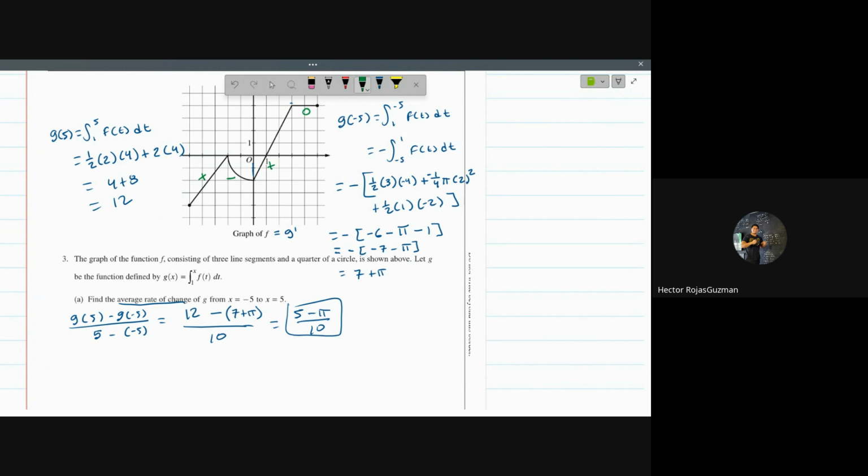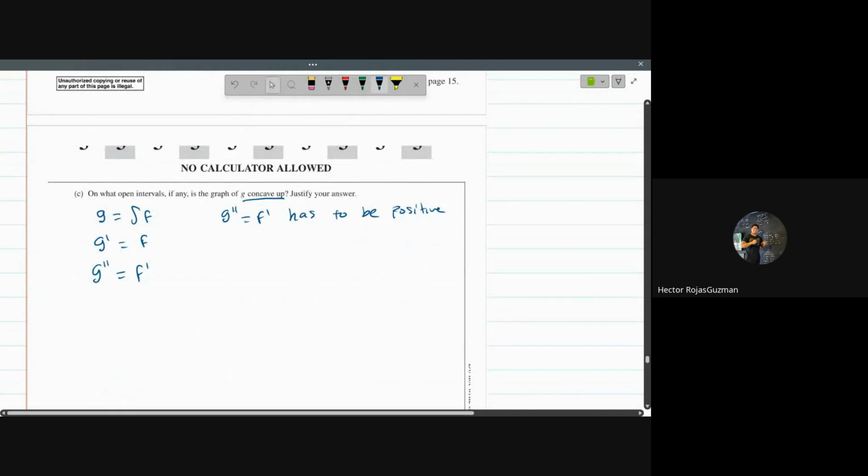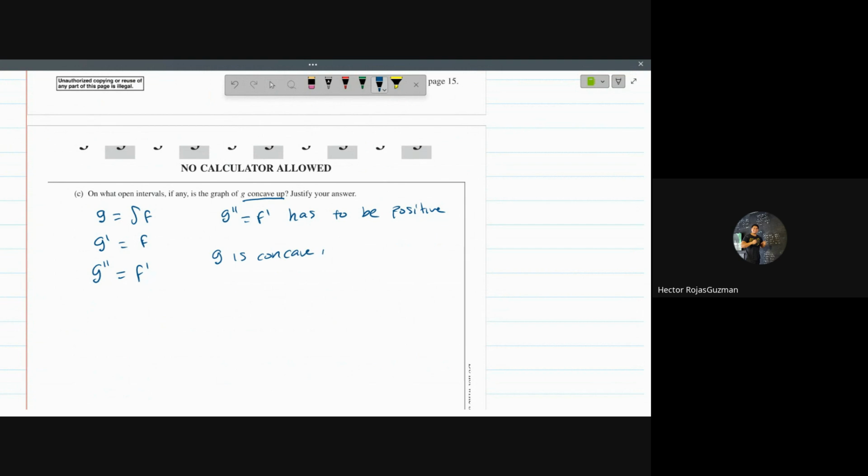So it looks like it's going to be from -5 to -2, and then from 0 to 3. g is concave up on the intervals from -5 to -2, and also from 0 to 3, because g double prime, which is f prime, is positive.